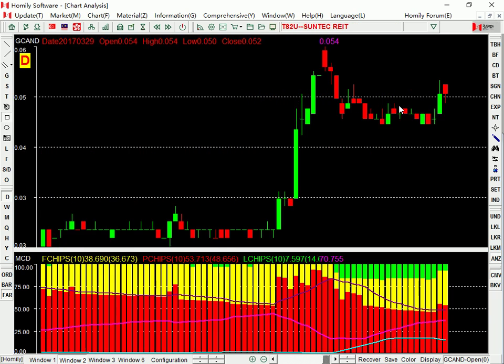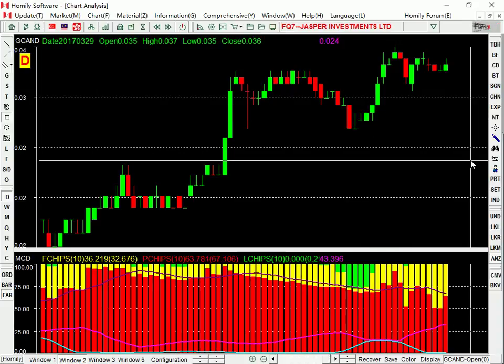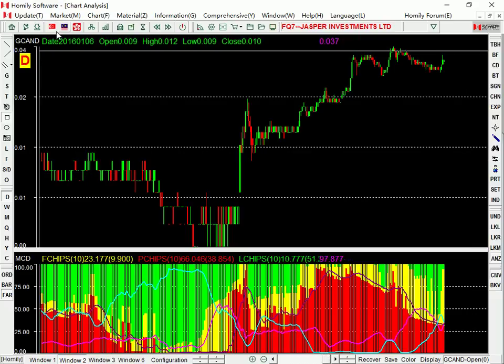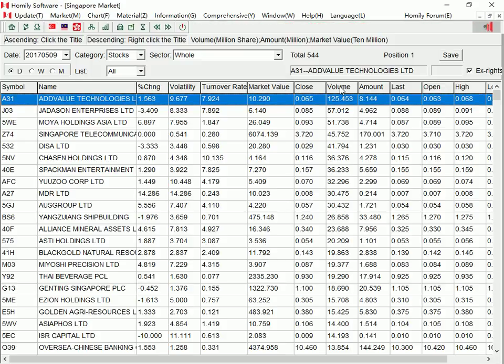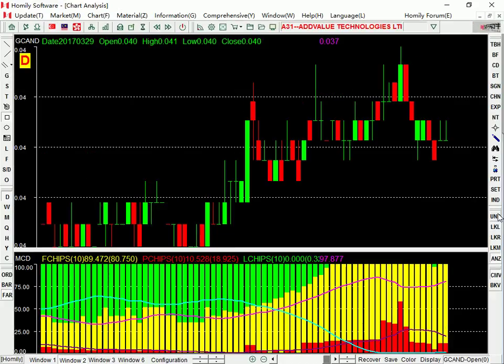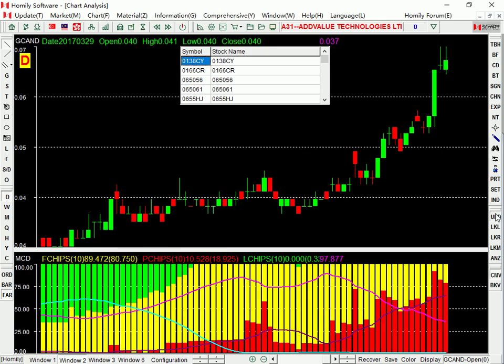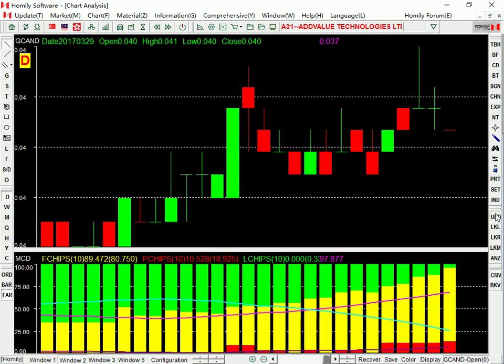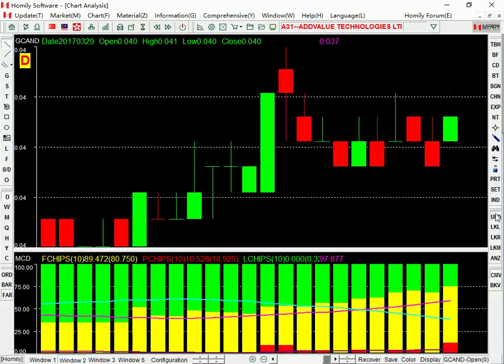Let's see some examples. Let's see this stock. So for this one, where is the banker open position? So here, the red bar is below 25. What does that mean? Wait and see. Okay.